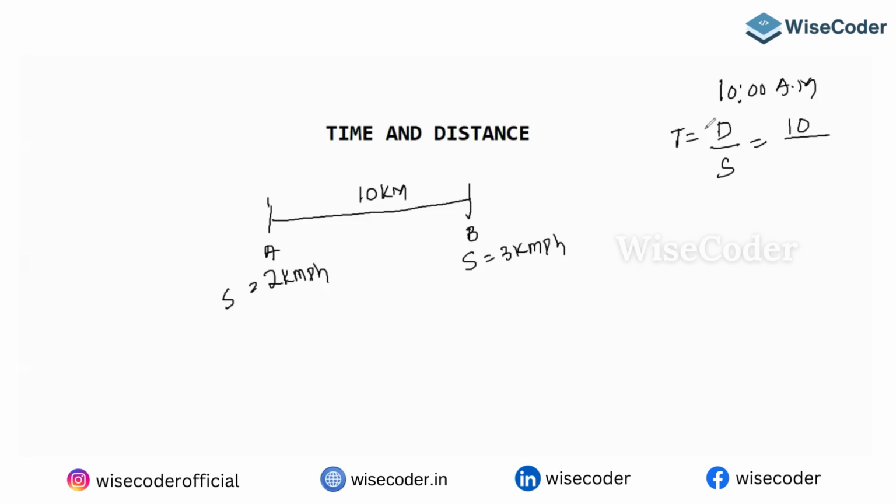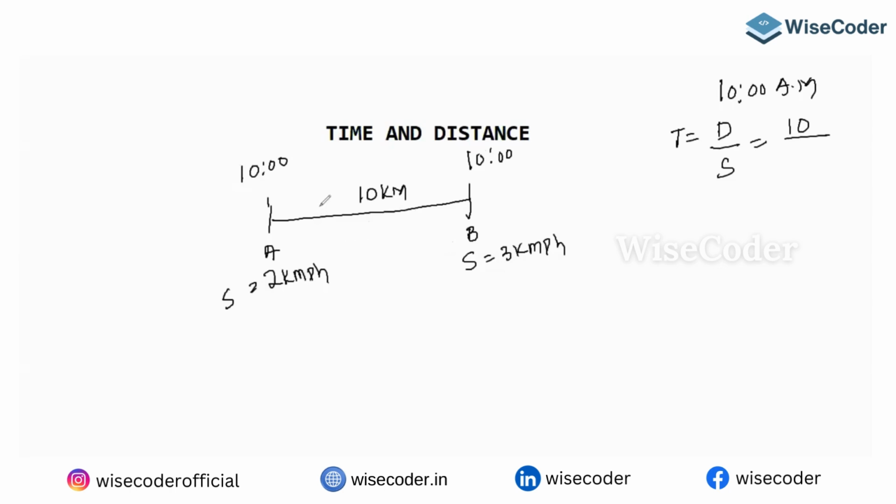So we'll solve with the formula, but before going to the formula, let's understand the situation. Both started at what time? 10 o'clock. Cat A speed is 2 kilometer per hour. Someday, some Valentine's Day, the two cats are going to meet. They want to meet. Okay.